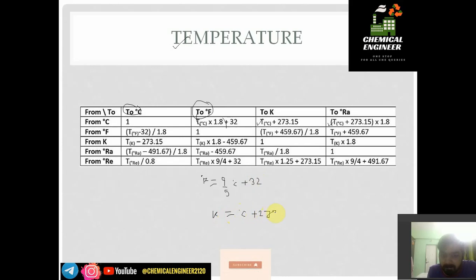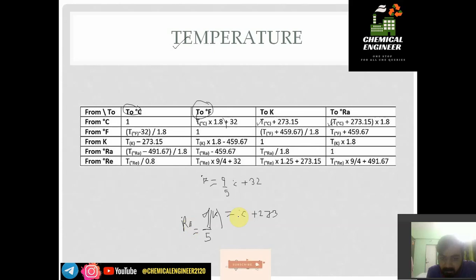If we multiply Kelvin by 9 by 5, we get the answer in Rankine: degree Rankine equals 9 by 5 Kelvin.